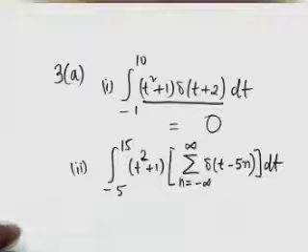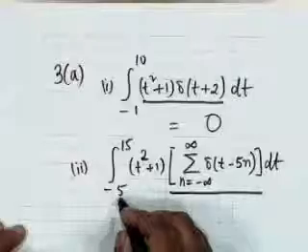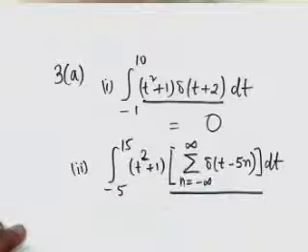I don't know the variety of answers that you gave because Professor Prasad graded this question, but the thing that should have occurred to you is that this infinite summation is useless except in the range of t, which is from minus 5 to 15.